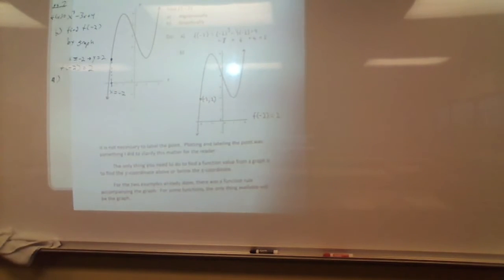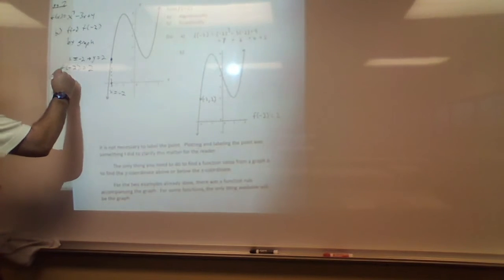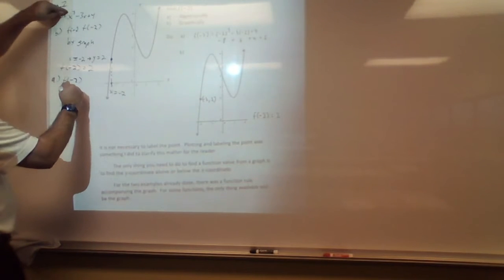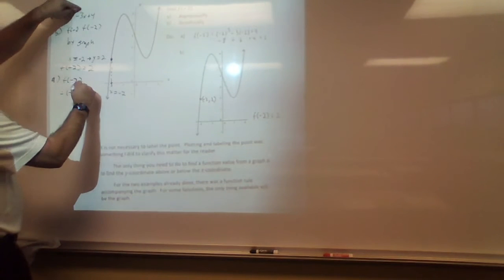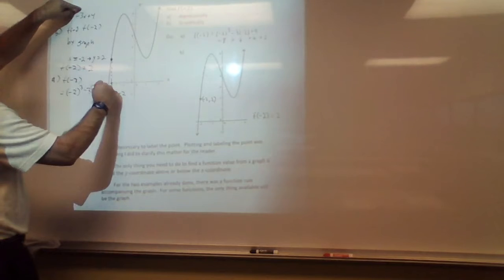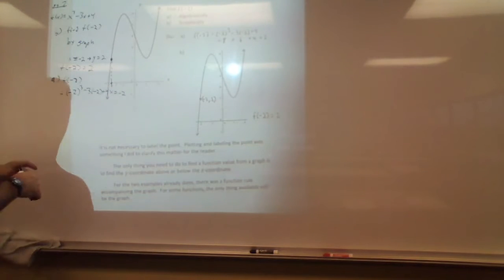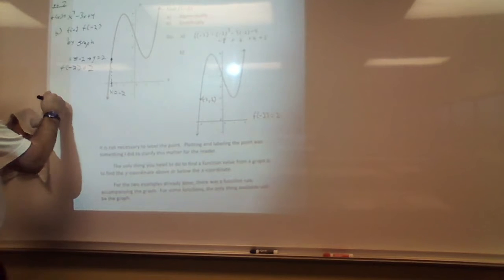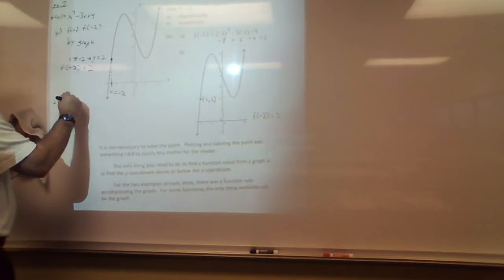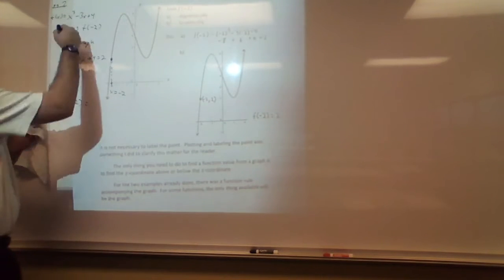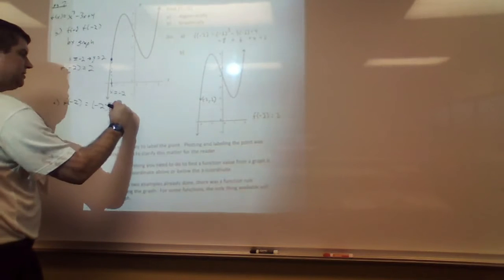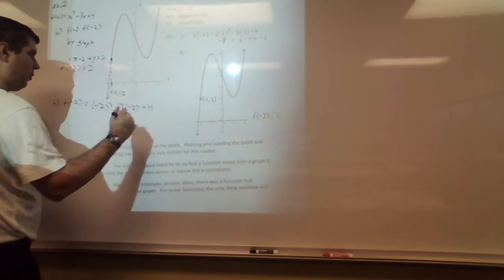I'll follow these up with more examples. For A, we'll confirm it. f of -2 by graph would be -2 cubed minus 3 times -2 plus 4.